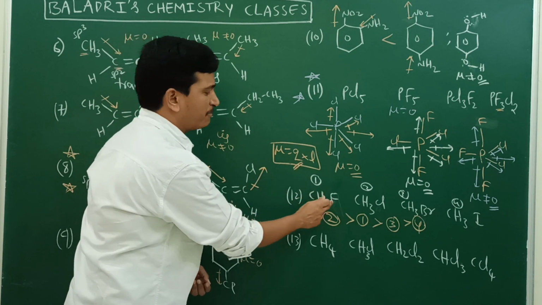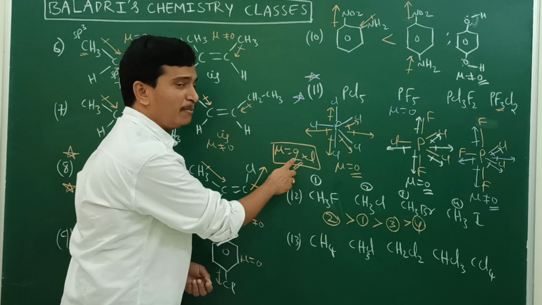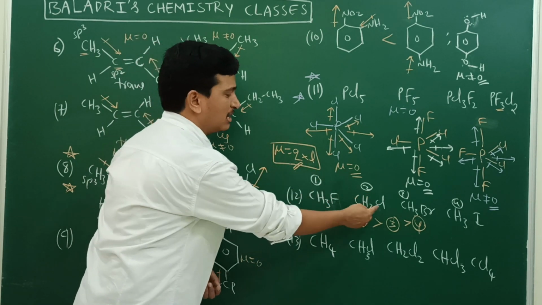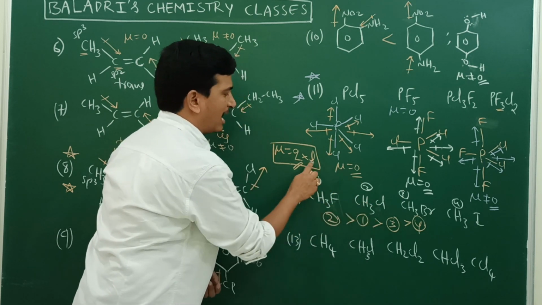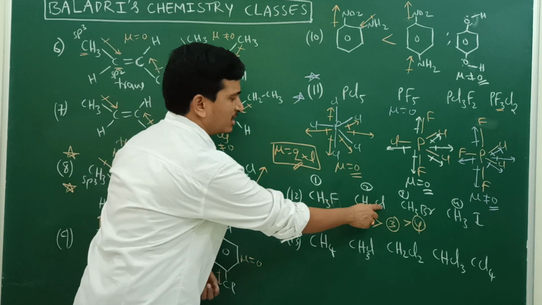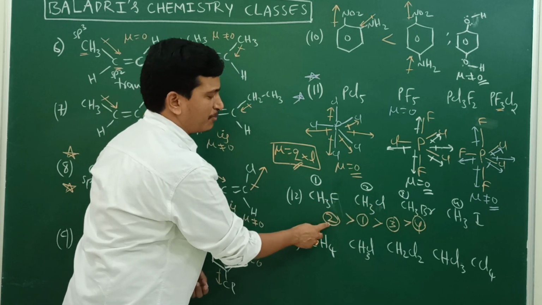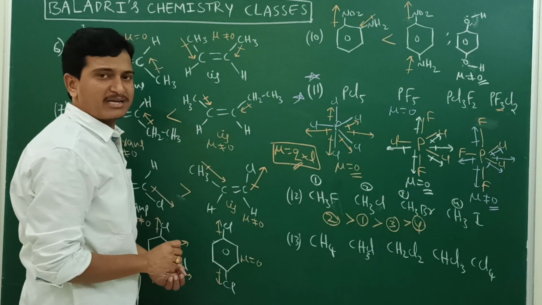But between fluorine and chlorine, the electronegativity difference is less, meaning the Q difference is less, but the L difference is more. That's why, when taking the dipole moment of methyl fluoride and methyl chloride, I consider the value of L. Chlorine has a larger size, due to that methyl chloride has more dipole moment. After that methyl fluoride, then next methyl bromide and methyl iodide, you can write.